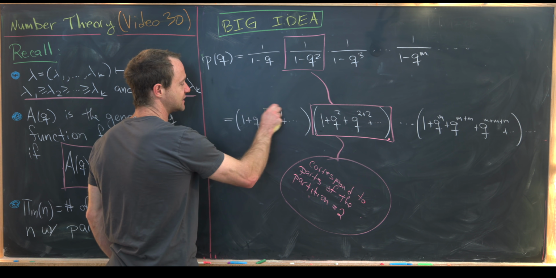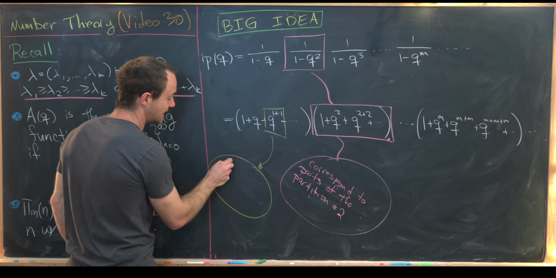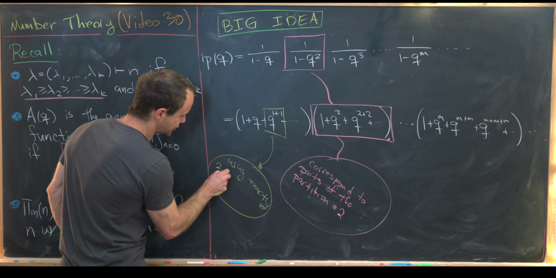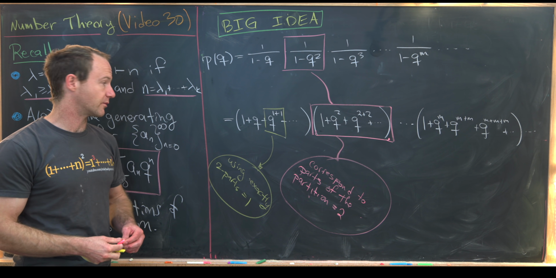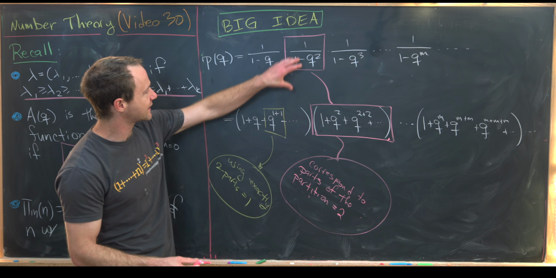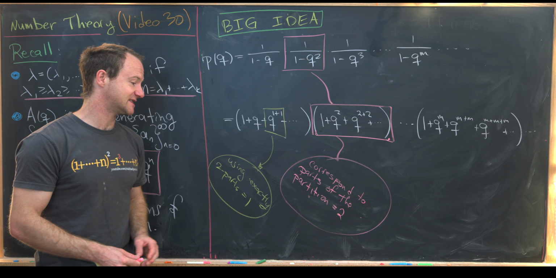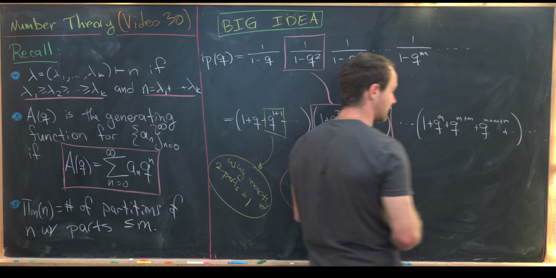So this individual term right here corresponds to using exactly 2 parts equal to 1, because we've got 1 plus 1. Now that's not really represented up here in the rational function very well. That's represented in this expansion. And then you could see this more generally over here.